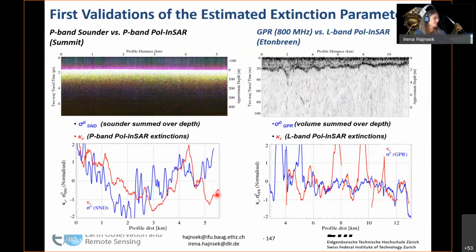So it's still not really clear what happens, but what is interesting is that we have these bumps, probably with a little bit of delay, but also going down again and the trend going up. So this is with the P-band data. With the GPR L-band data here, the correspondence is very, very low. We even have very strong peaks sometimes, which we could not measure well. But on some of this area, we could see quite a nice correspondence, and this area is very difficult to say that we are corresponding to each other.